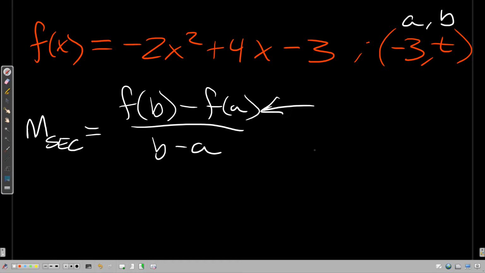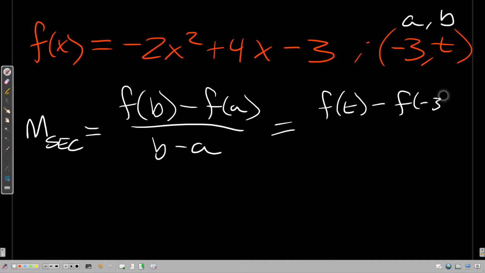It's the change in the y values divided by the change in the x values. So here we will get f of t minus f of -3 over t minus 3.